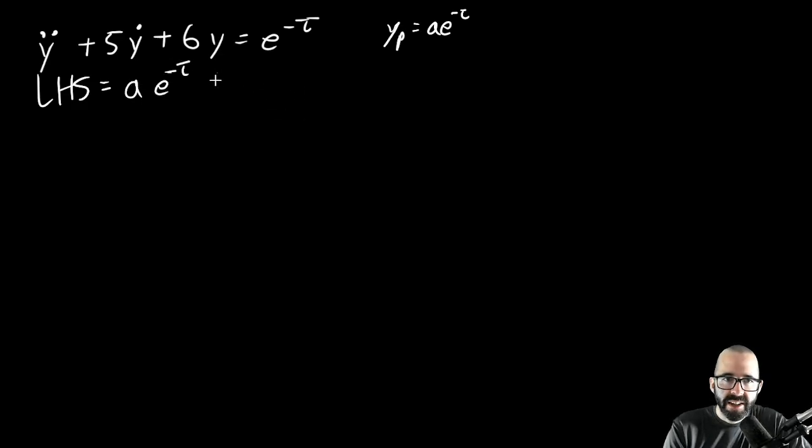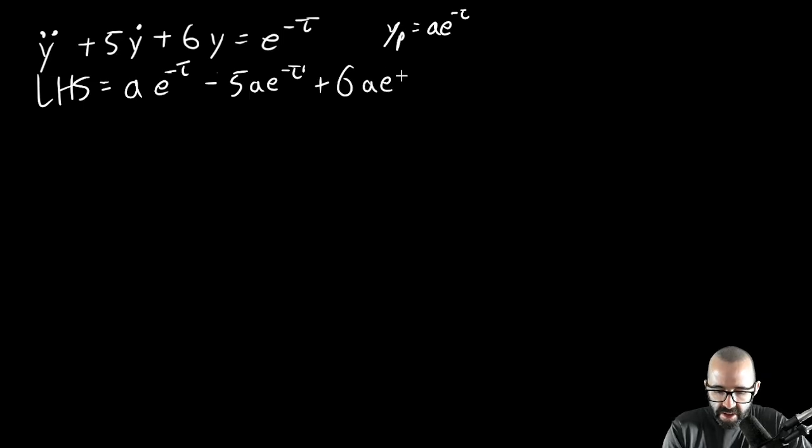It's negative times a negative, okay. Plus 5 times the first derivative, which is minus a e to the -t, plus 6 times the function itself, which is a e to the -t.